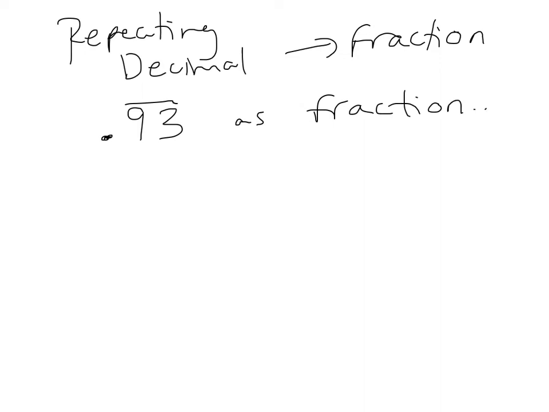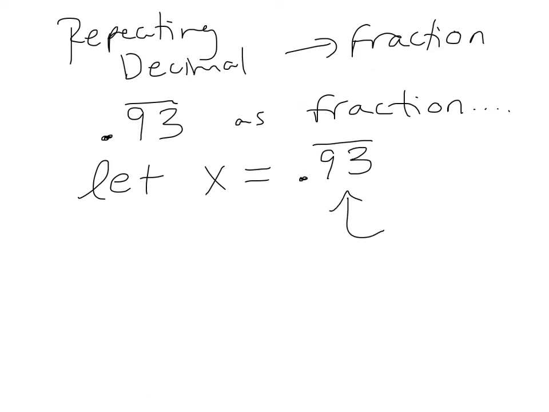Well, let's do this. Let's let x be equal to this number, 0.93 repeating. And since there are two digits that are repeating, count them, 1, 2, we're going to multiply each side of this equation by 10 to the second, or 100.